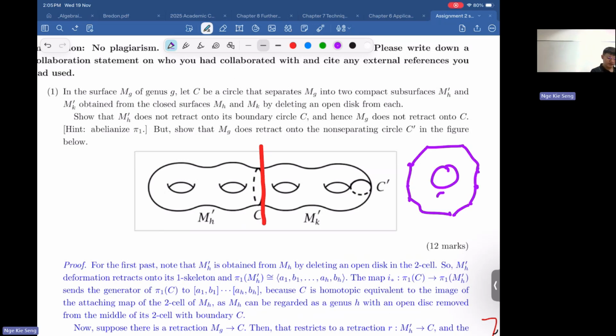This circle is C, and the rest is the two-cell. And from this picture you can see that this C deformation retracts to the one-skeleton on the side, maybe a, b, a inverse, b inverse, something like that. You list it down. So this is the inclusion map of C into this new M H.